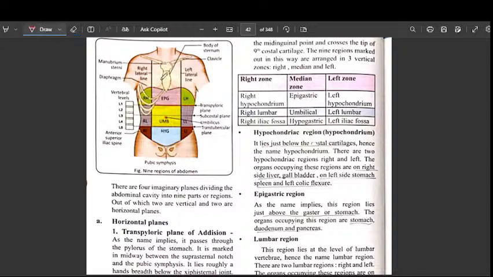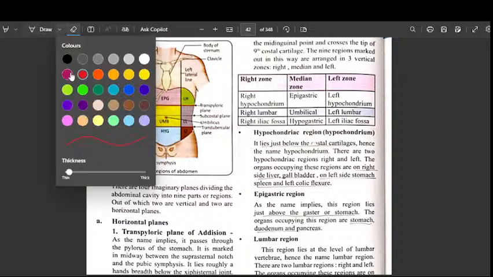Now we take a look at the nine parts. First, let's make a body.